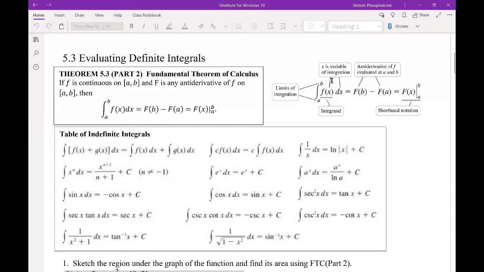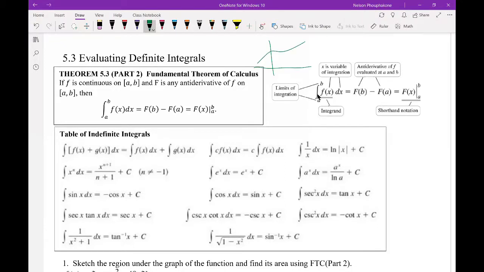Now here is some terminology that we could learn. For the a and b, a is what we call the lower limit, and b is the upper limit. If we have a function like this one right here, this is the function f, then a is my lower limit and b is my upper limit.